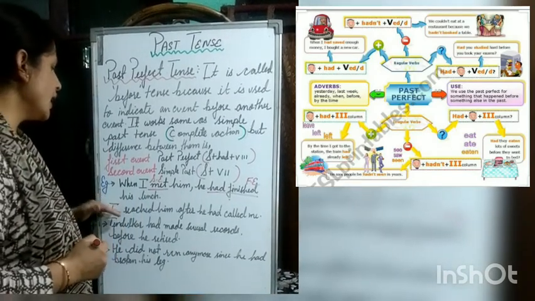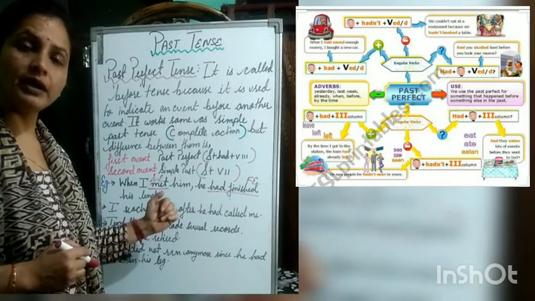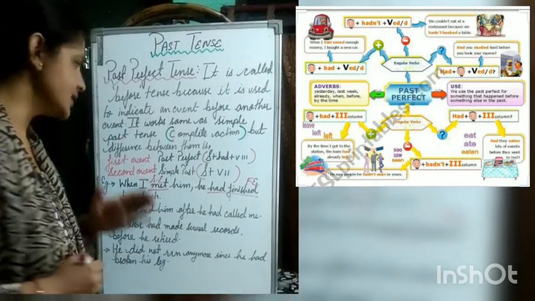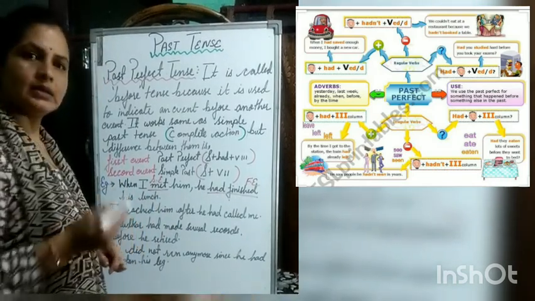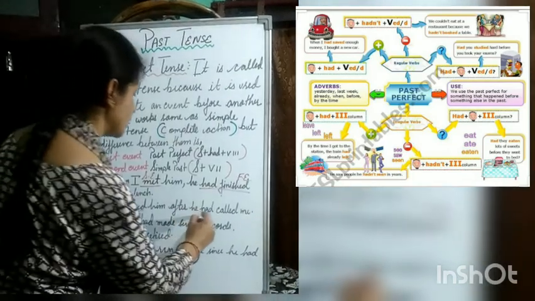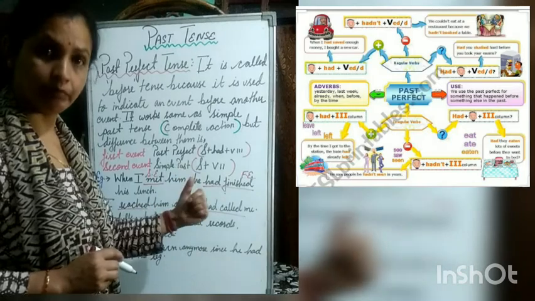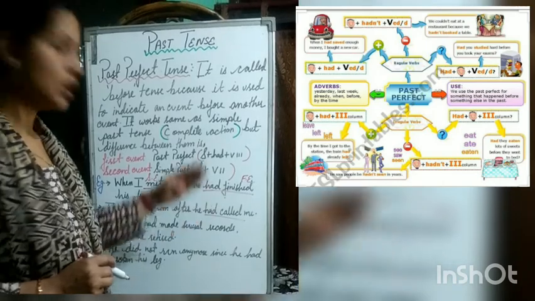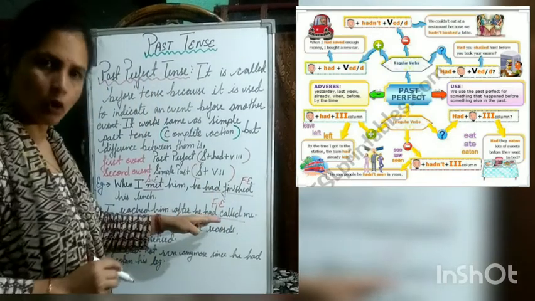Now the next sentence: I reached him after he had called me. Here again we have to identify which one is the first event and which is the second event. First event means past perfect and second event means simple past. So "I reached him", the first action is "reached", and the next one is "had called". Now see, he had called me. He called me first and then only I reached. Is that clear? So the first event is "had called".